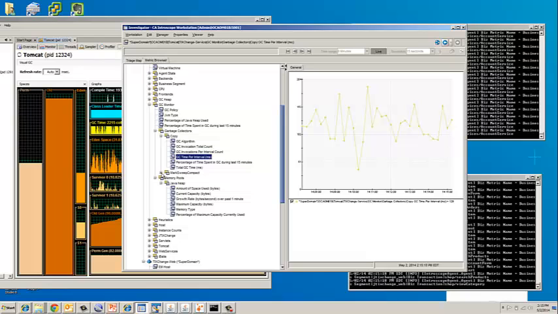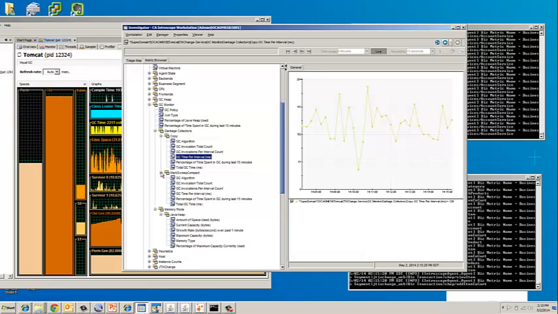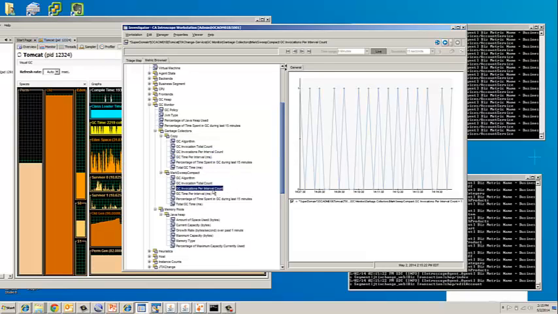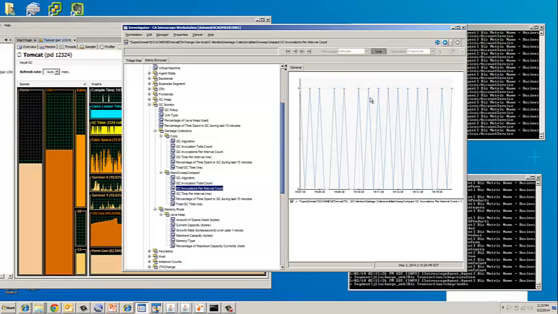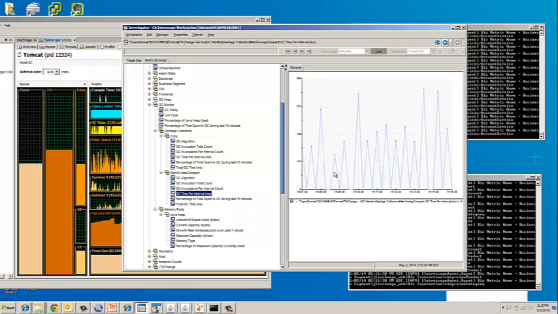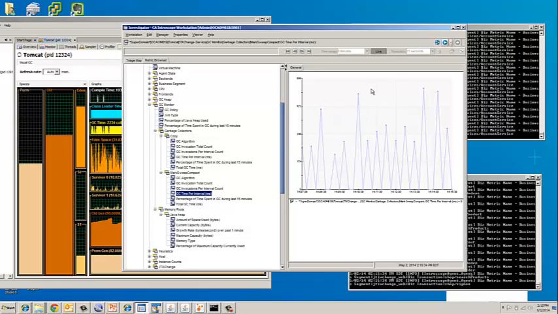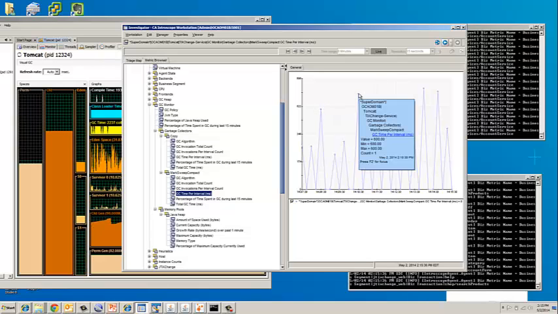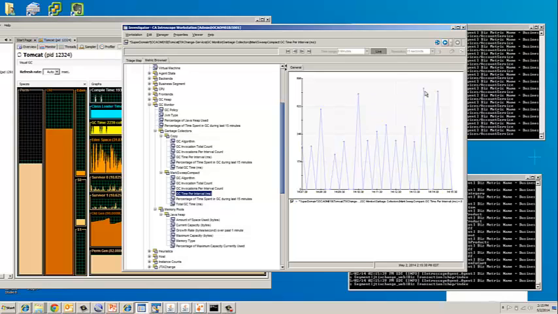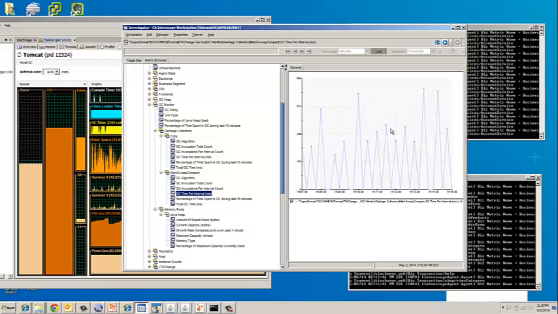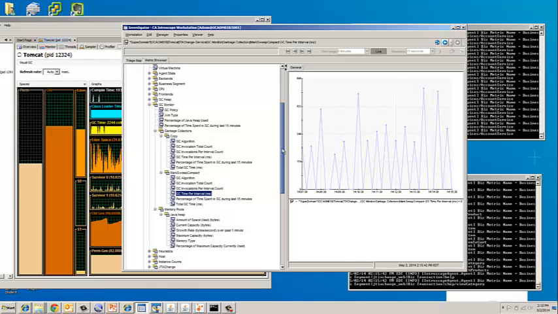Now, if I look at my mark and sweep compact collector, this is kicking in very often, right? And let's look at the performance. It's about 500, that's half a second, right? 600 milliseconds. That's huge. That's a lot of time to garbage collect.